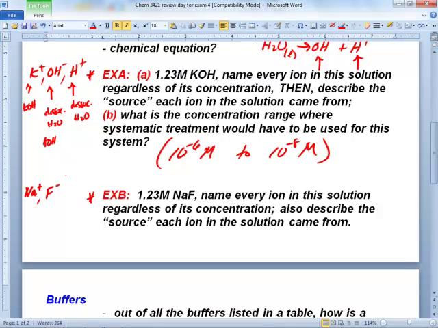No. H plus, she says. OH minus. HF. Yeah, you always try to name the acid. You just can't name strong acids because you can't form them. So you always throw an H on there. Yeah, HF.